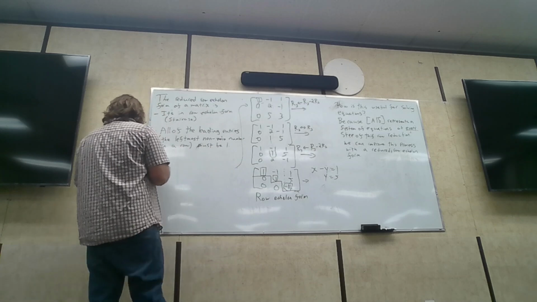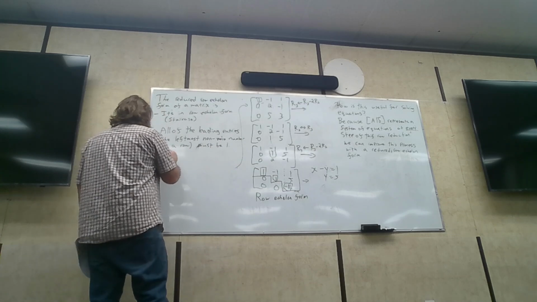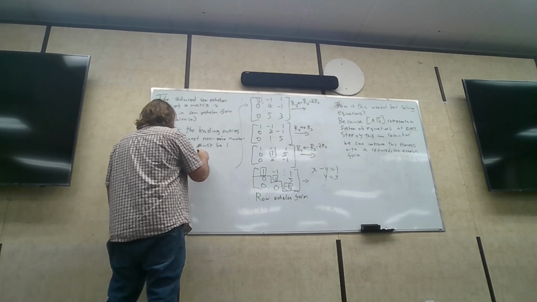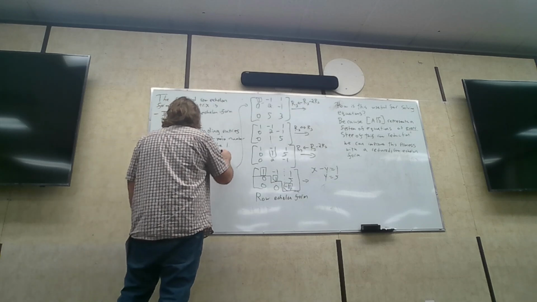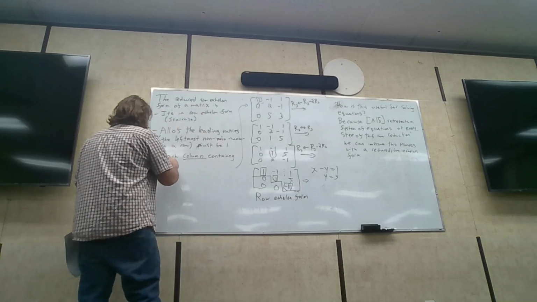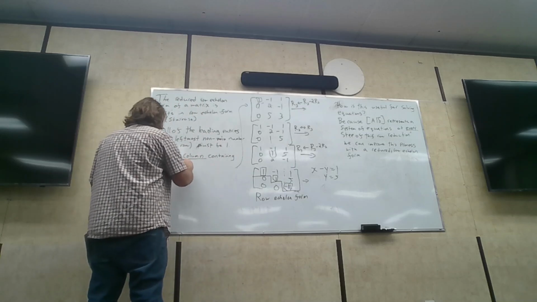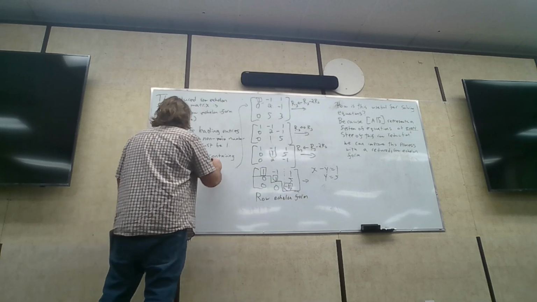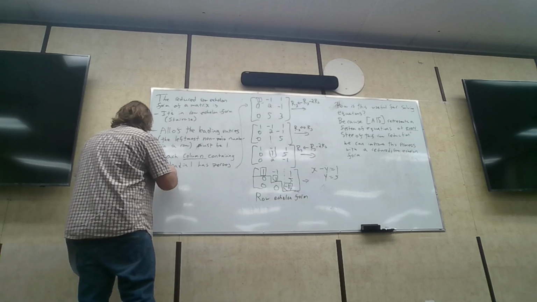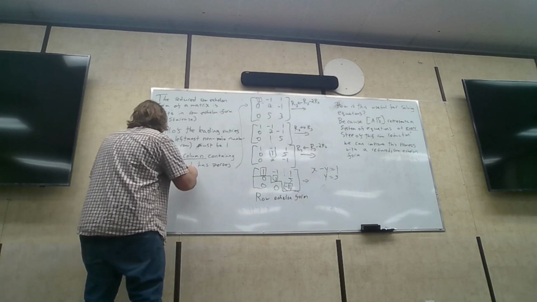And the last thing is, each column containing a 1, or a leading 1, so one of these entries, has zeros below and above.